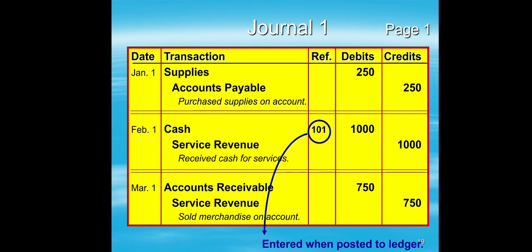The journal is the first book that we use in accounting, and in this course we focus on the general journal only. I hope you still remember last week I explained these 3 simple journal entries. That is the second step.